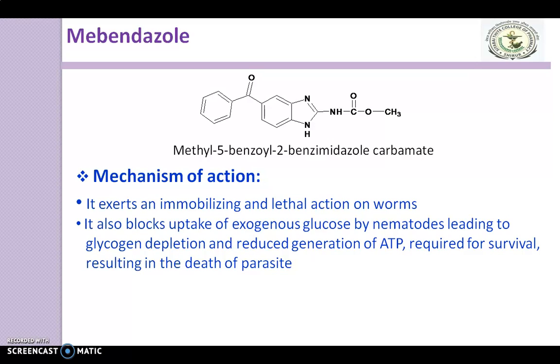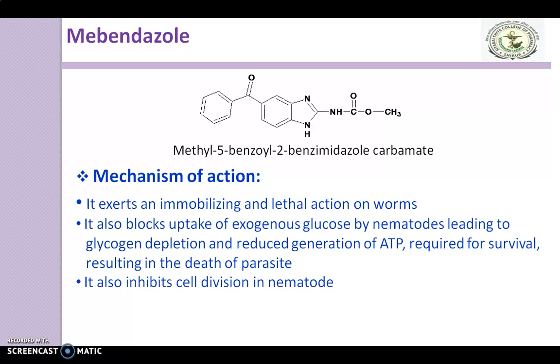It also blocks uptake of exogenous glucose by nematodes, leading to glycogen depletion and reduced generation of ATP required for survival, resulting in the death of the parasite.